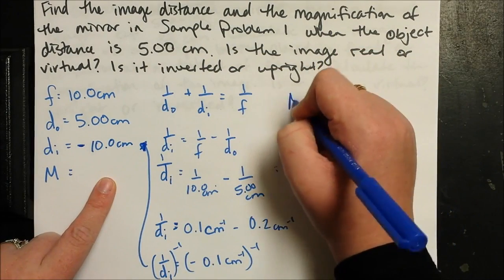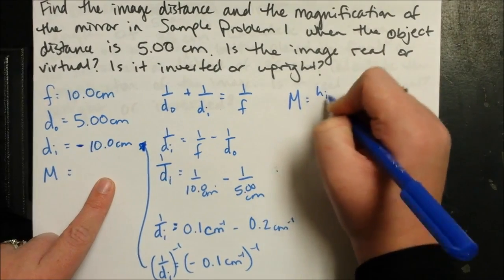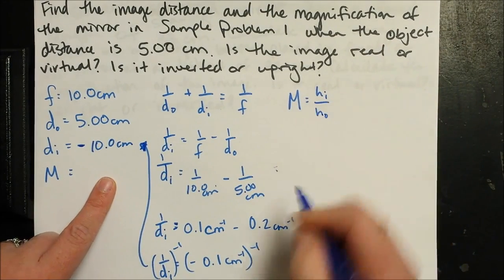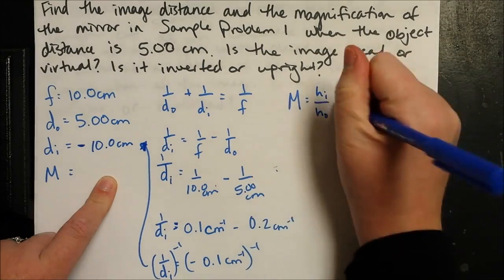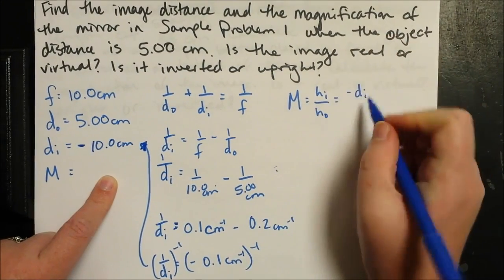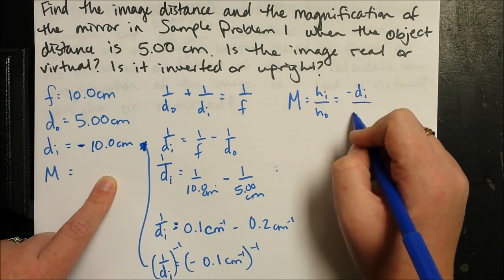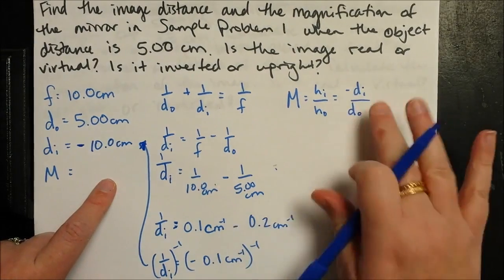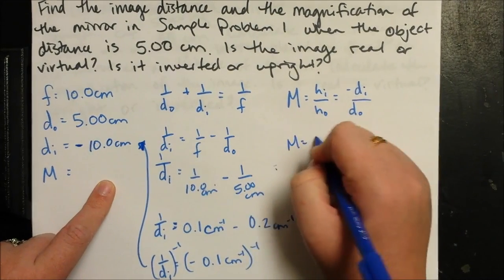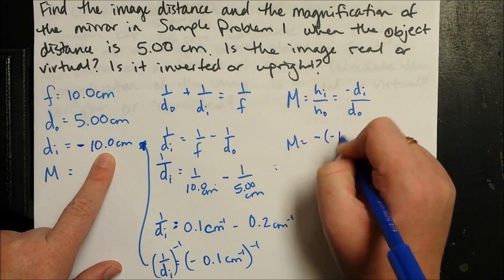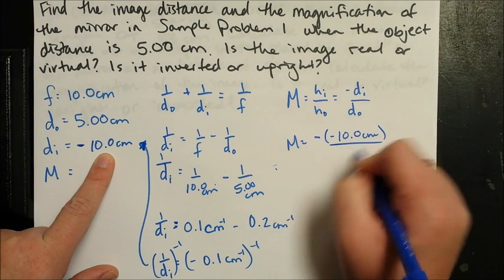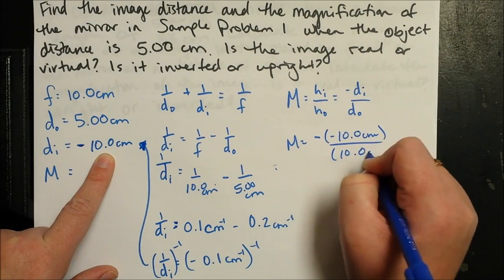I know that for magnification, it's the height of my image to the height of my object ratio, or I can do the negative image distance to object distance ratio. So I'm going to choose to do this one. That's going to be negative of negative 10 divided by 10.